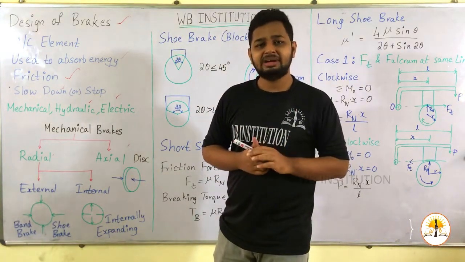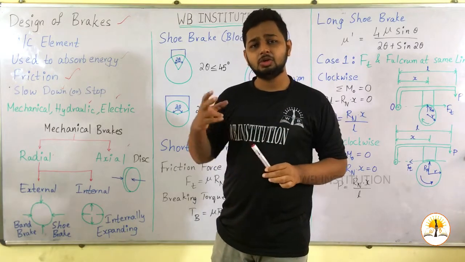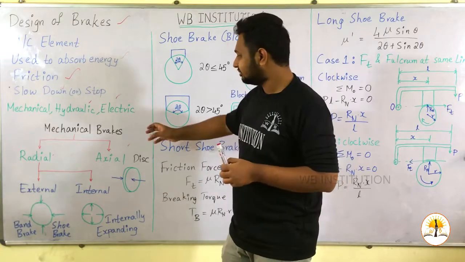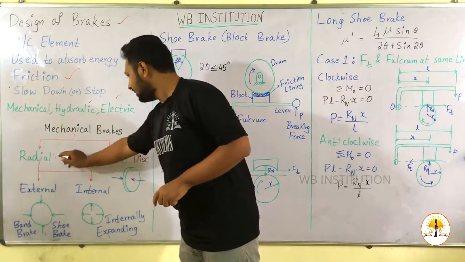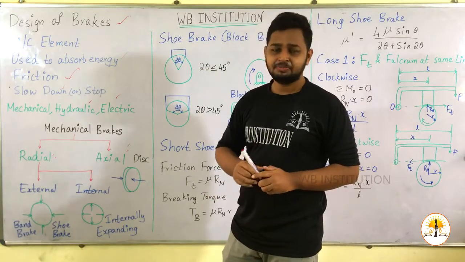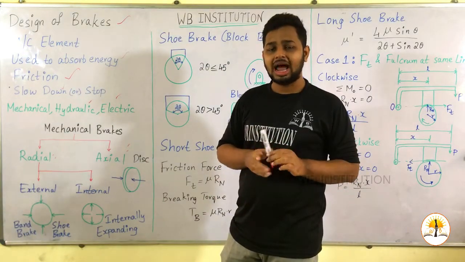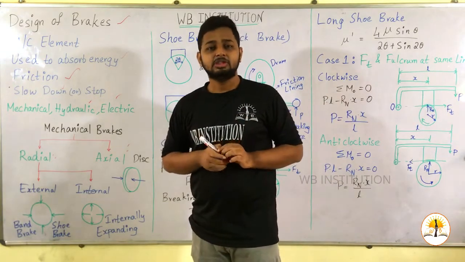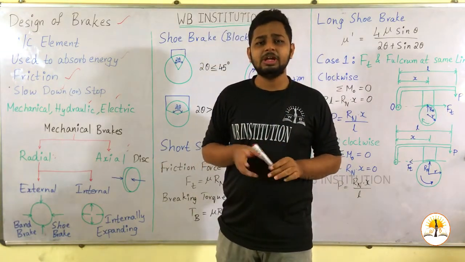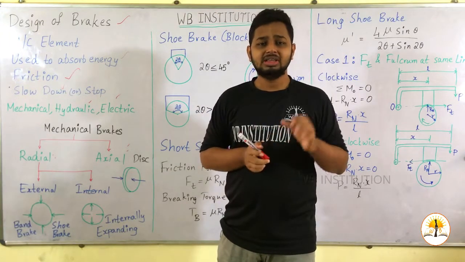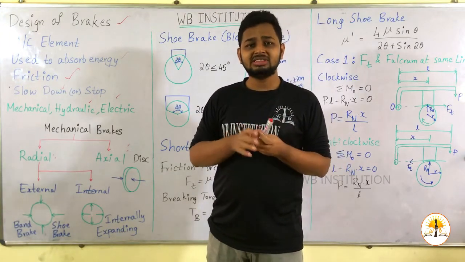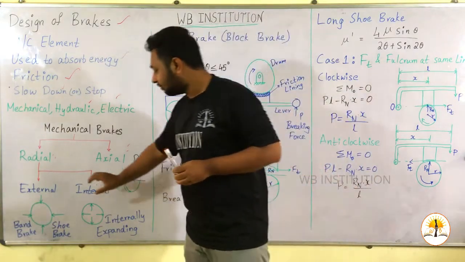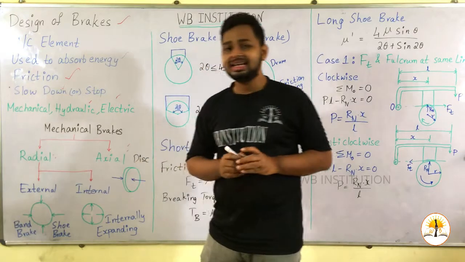These mechanical brakes are again classified into two types based on the application of the brakes: radial brakes and axial brakes. Radial brakes act on the circumference of the rotating mechanism. Mainly the rotating mechanism will be a circular object, and if the forces act on its circumference, we call it a radial brake.